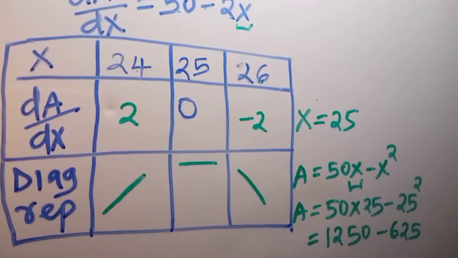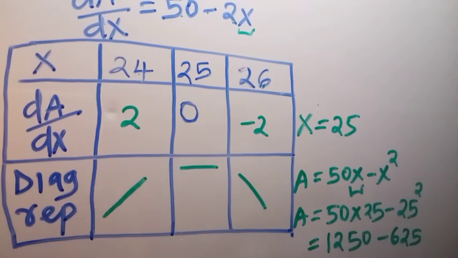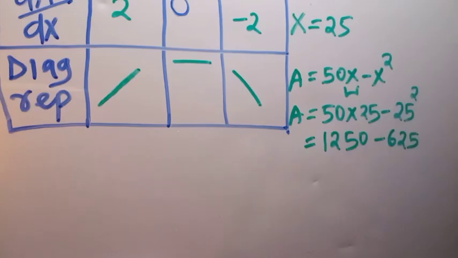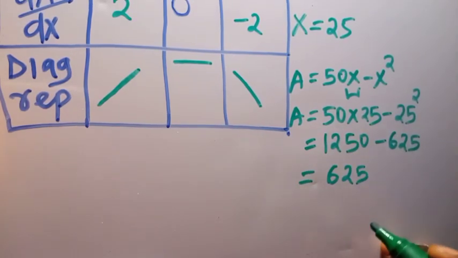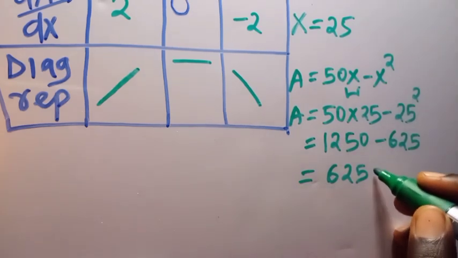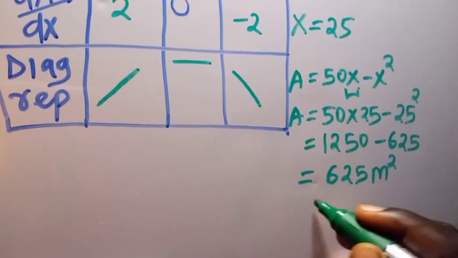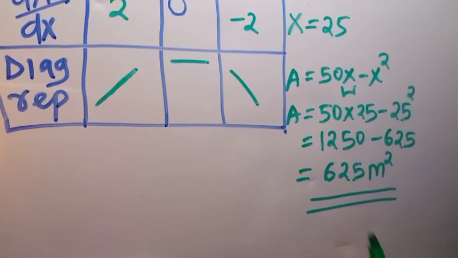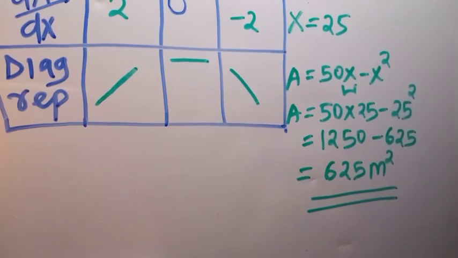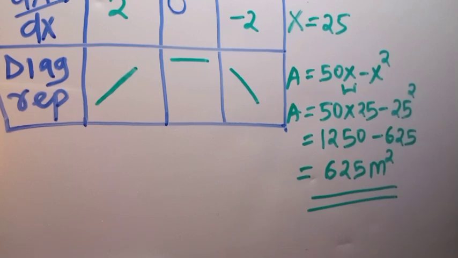And therefore, if you subtract, 1250 minus 625, you shall obtain 625. And since it was in meters, it will be square meters, because area will usually be in square units. Therefore this one is 625 square meters, and that is the maximum area of the rectangular enclosure that will be fenced by the wire mesh.